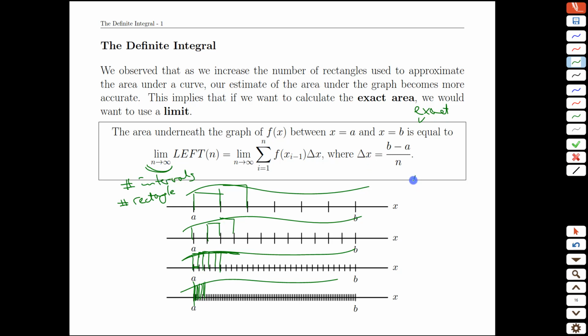Another way to say that is the delta x's, which is the width of each rectangle, is going to 0, while still covering the entire range from A to B. Each subinterval that we use is getting smaller and smaller because we're using more and more of them. So this is where we connect our relatively crude approximations we've done earlier and use the limiting technology we have from earlier in the course to get an exact value for the area under a graph.